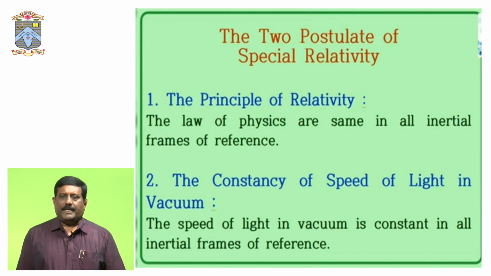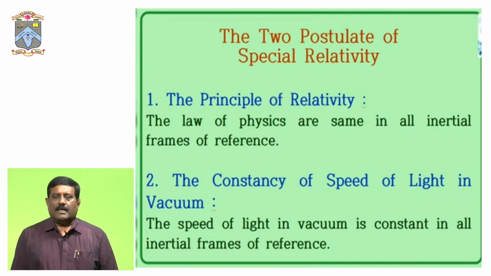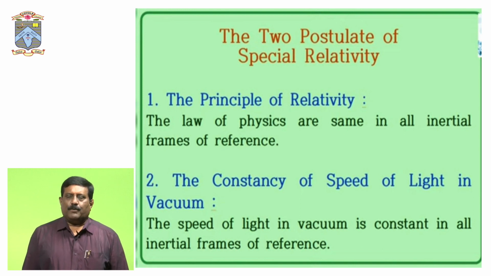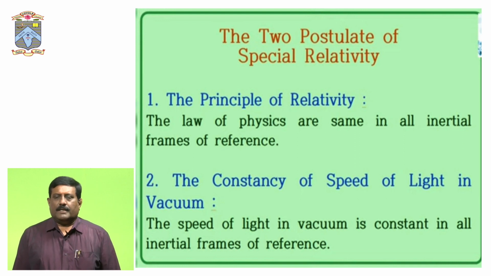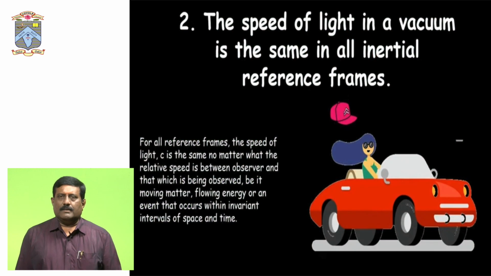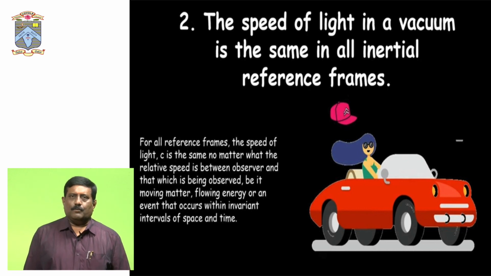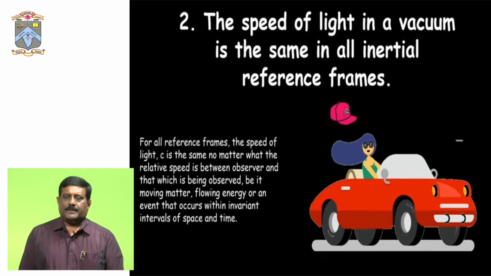The speed of light remaining constant means that whether the source is at rest or moving, the speed of light does not change. For example, if you are in a car which is moving at a speed of 80 kilometers per hour and you turn on a light, the speed of light will be 2.998 × 10^8 meters per second.